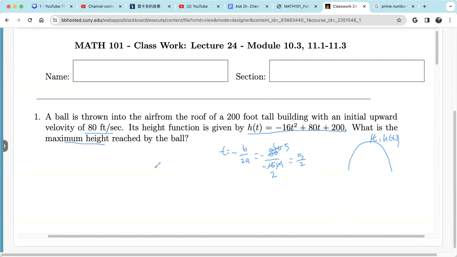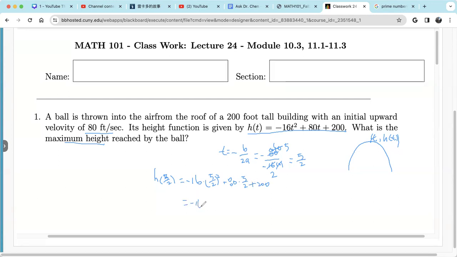So now we need to evaluate the height at 5 over 2. We just plug in 5 over 2 for t into the function h of t. So negative 16 times 5 over 2 squared, plus 80 times 5 over 2, plus 200.